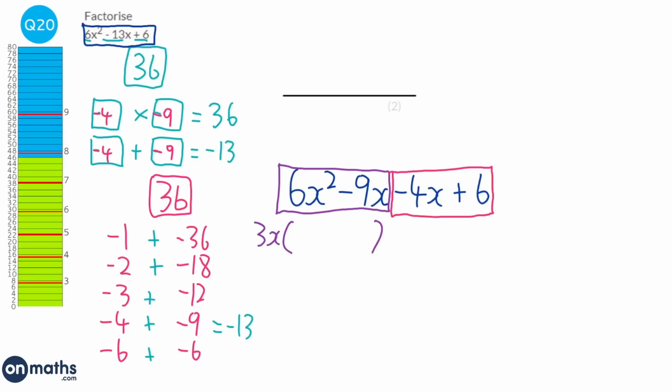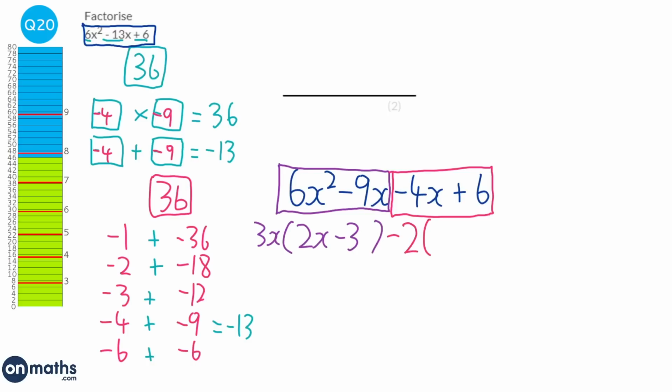In my experience, I think I just put them in size order normally. So we've got 2x here, and then that would be 9 divided by 3 is 3, and then x divided by x is 1. And now here, there's a negative here, so we must have the negative on the outside, and 4x and 6 will be 2.